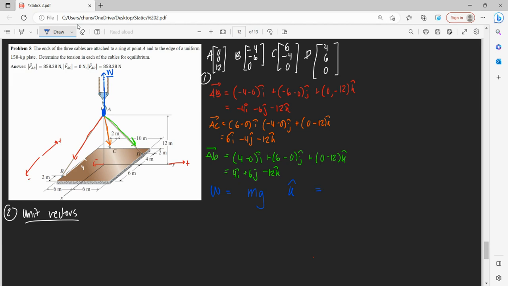It's 150 kilograms times 9.81, which is equal to 1471.5 newtons in our k hat direction.